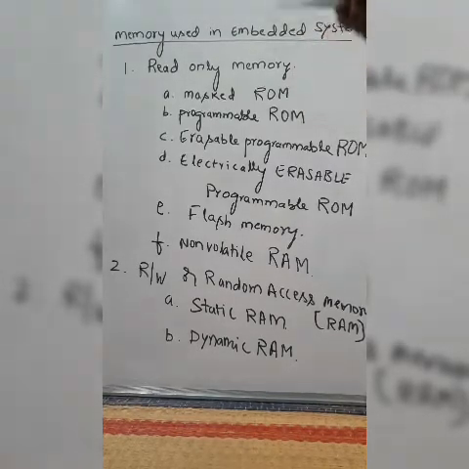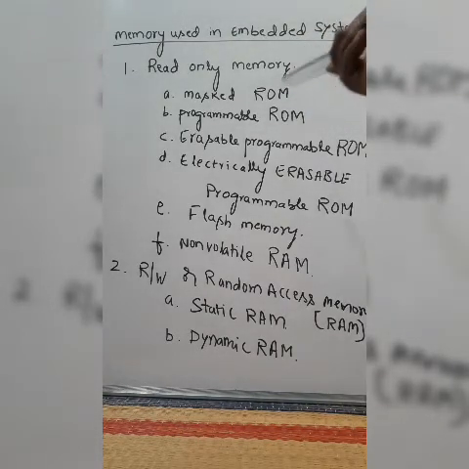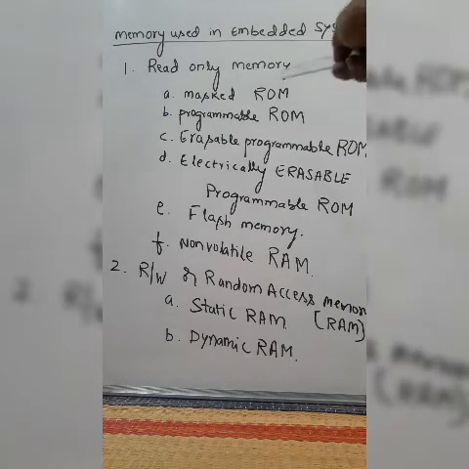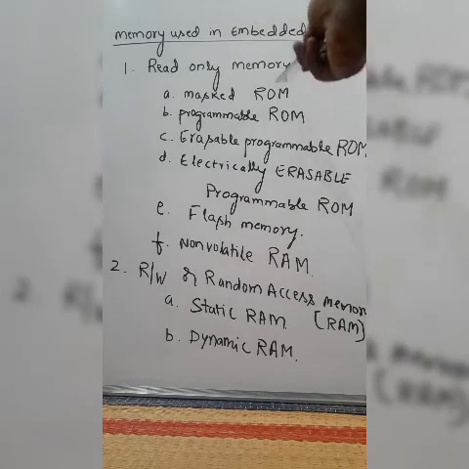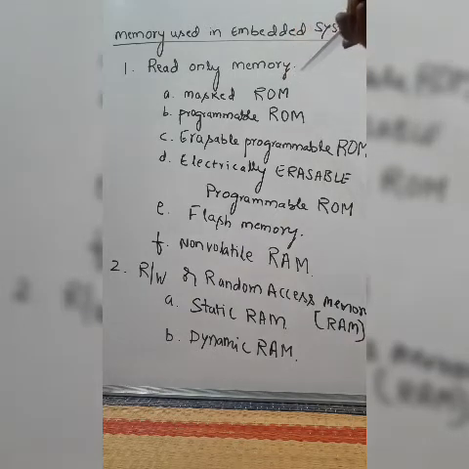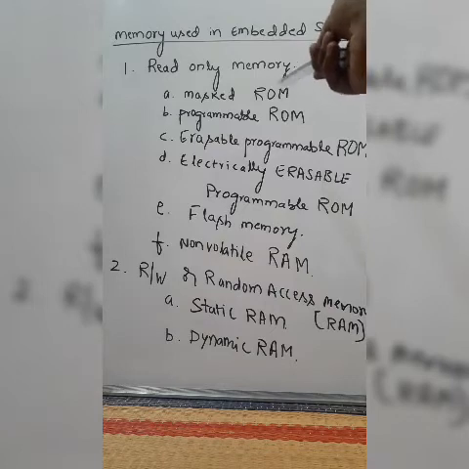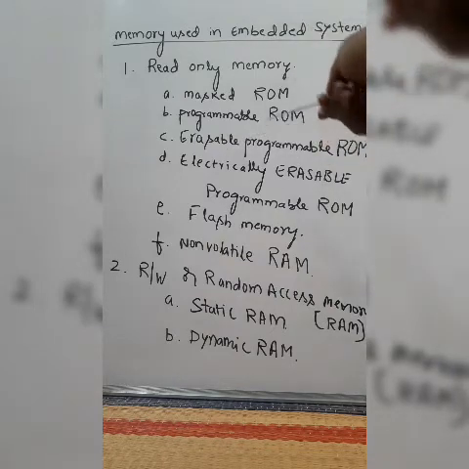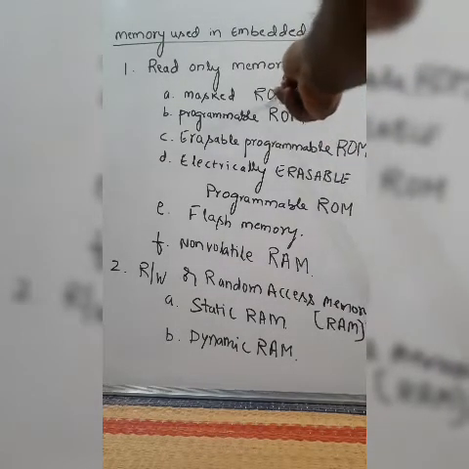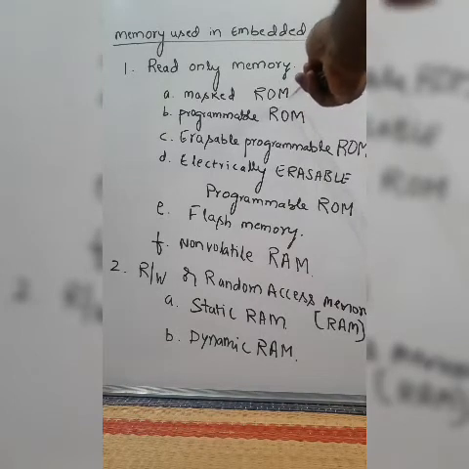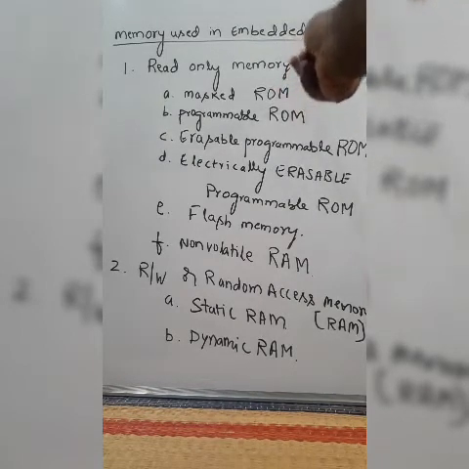This memory comes with the program right from the factory. That means industrially it is programmed. Once you have burnt the program into the read-only memory, you cannot alter it once you purchase and accommodate it in your embedded system. So this is a factory programmed kind of read-only memory.